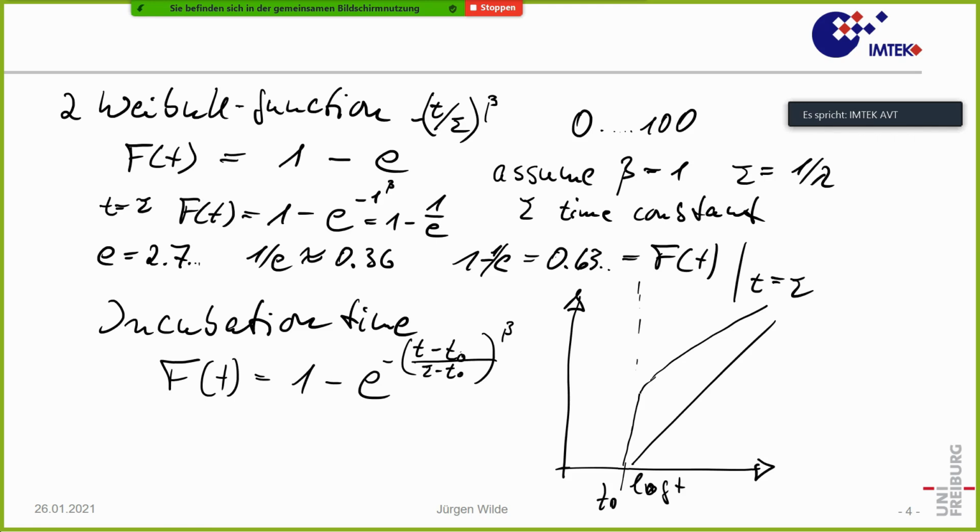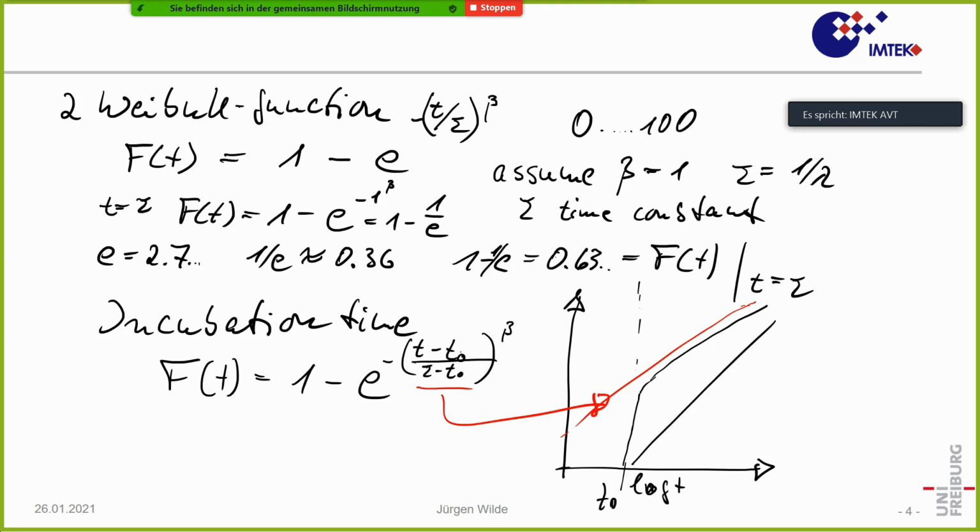And to that purpose, Mr. Weibull found a curve which is the 3-parameter Weibull curve, which is 1 minus e to the power of t minus t0. T0 is the incubation time divided by tau minus t0.